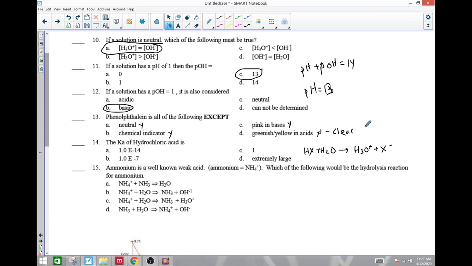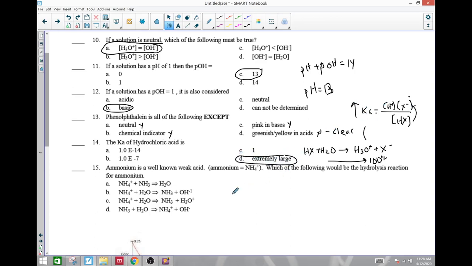So the Ka expression would be the concentration of H plus ions times X negative, divided by concentration of HX, and the water is a pure liquid, so it's not included. And it goes 100% in this direction. So with those products, everything goes from here to here. So this thing is extremely large. Quite often we don't even list it, just being very large. Therefore, D is the answer.